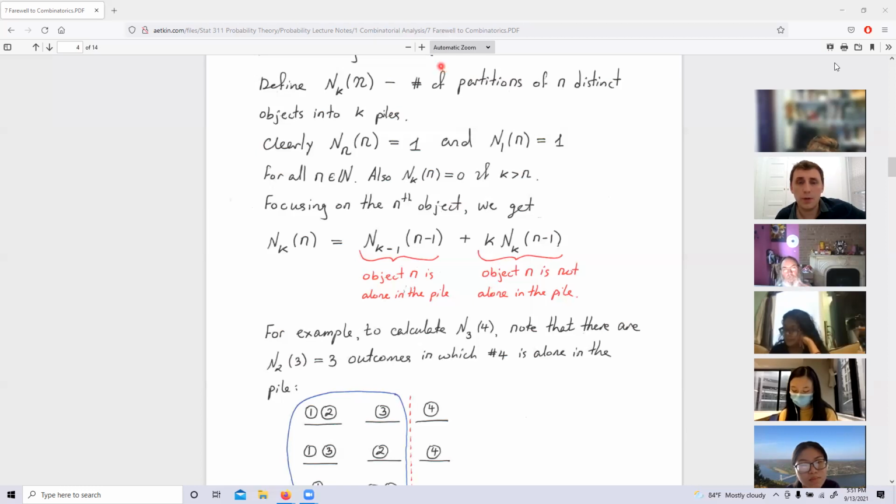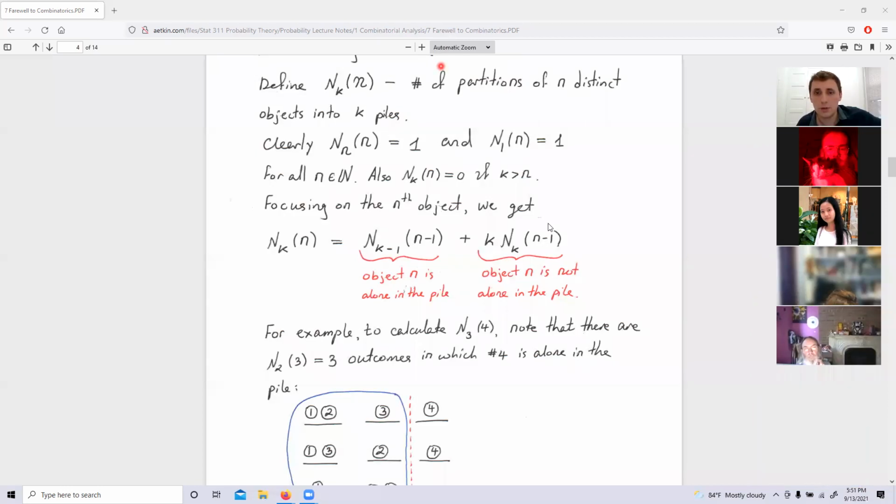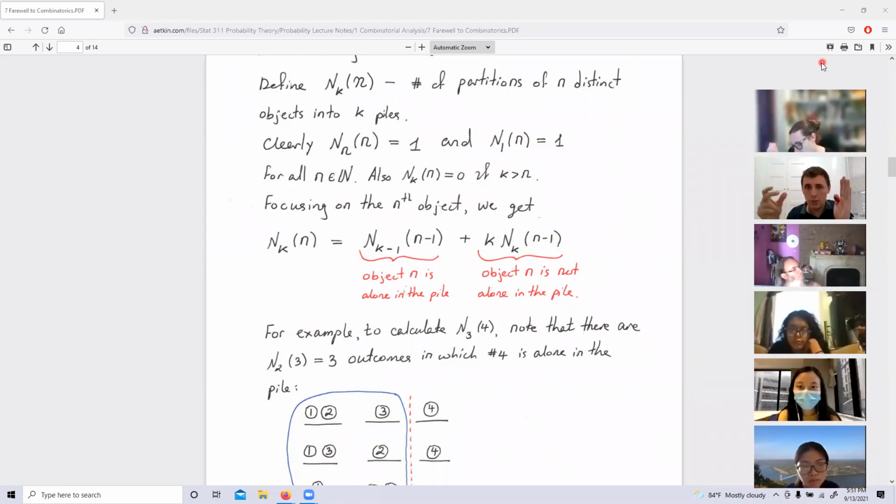That means that we can imagine initially just calculating how many ways there are to create k groups out of n minus 1 objects. And then for each such grouping, I can throw the last object, Jimmy, into group 1 or group 2 or group 3 or all the way to group k. There are k places where I can throw him.